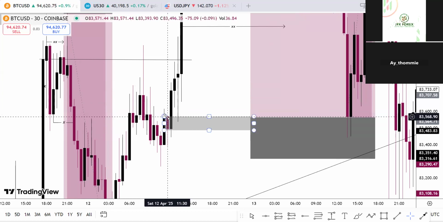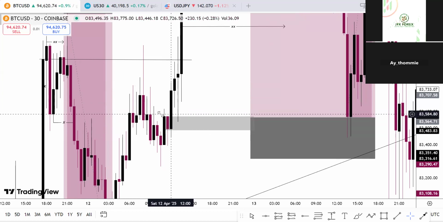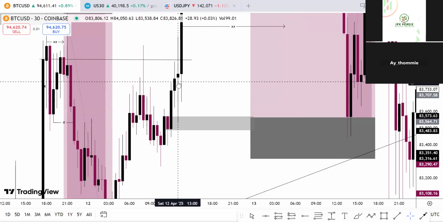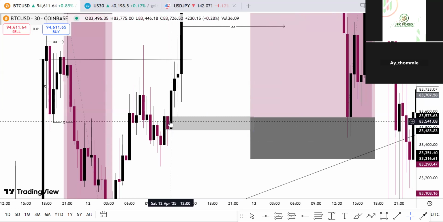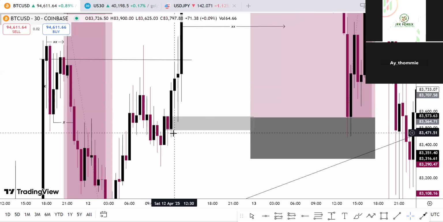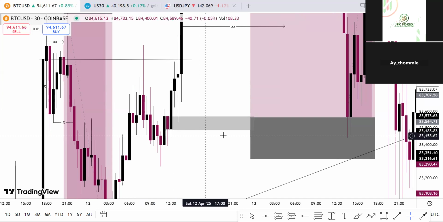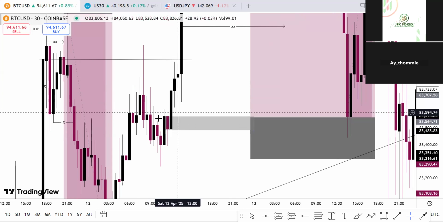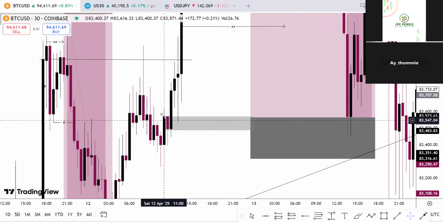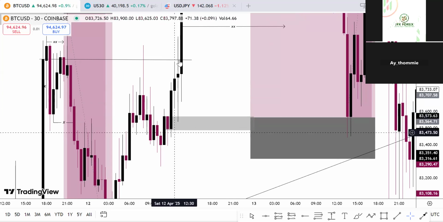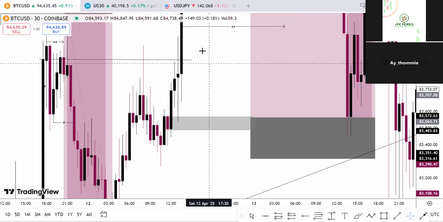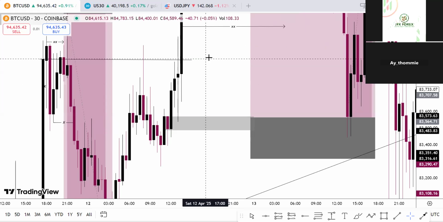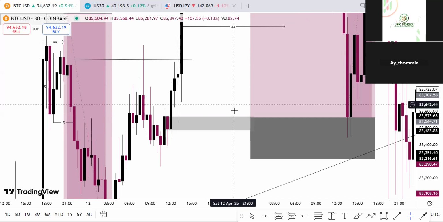This is the last selling candlestick before this engulfing buy happens. If you notice, I only mark the body of the candle. I'm still going to explain it, but I just want you to see what I'm talking about. The last selling candlestick before the buy, and if it's for sell, it's the last buying candlestick before the sell. That's how to determine your order blocks.